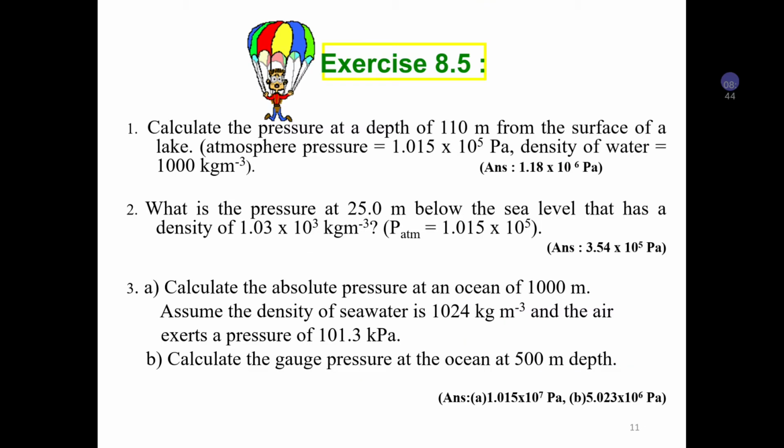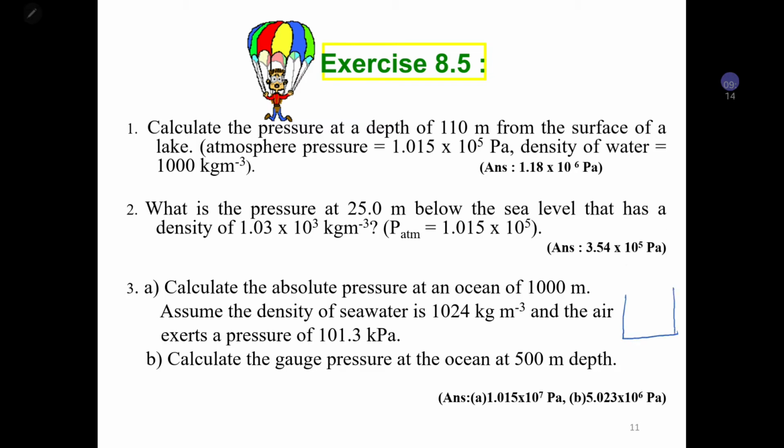Okay, exercise 8.5. Which one do you want to look at? For example, question number 3. Calculate the absolute pressure in an ocean at 1000 meters. Assume the density of seawater is 1024 and the air exerts a pressure of 101.3 kilopascal.